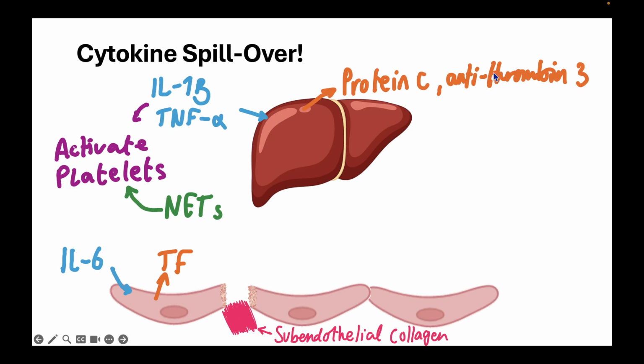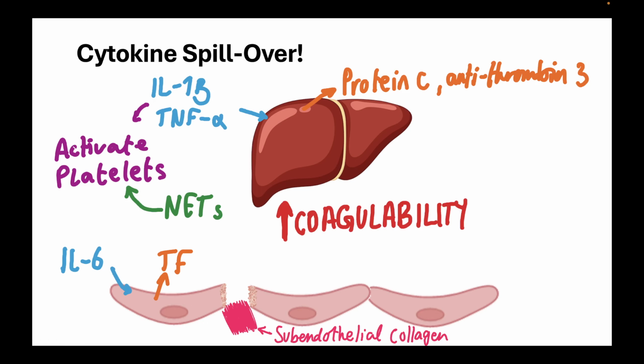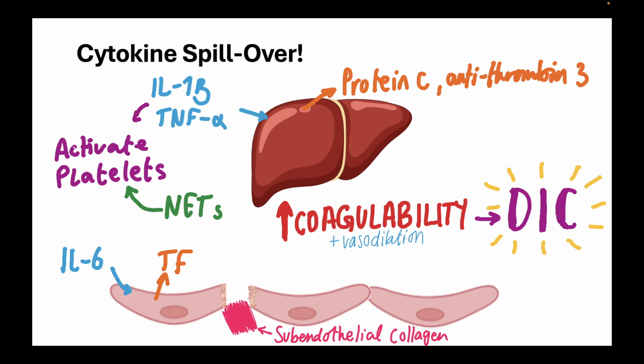Now, what is going to happen when all of these factors are present? You're going to increase the coagulability, and there's vasodilation. So what happens when there's high coagulability? The blood will clot. And when it clots, what's the most dangerous thing that can happen? DIC. So what is DIC?